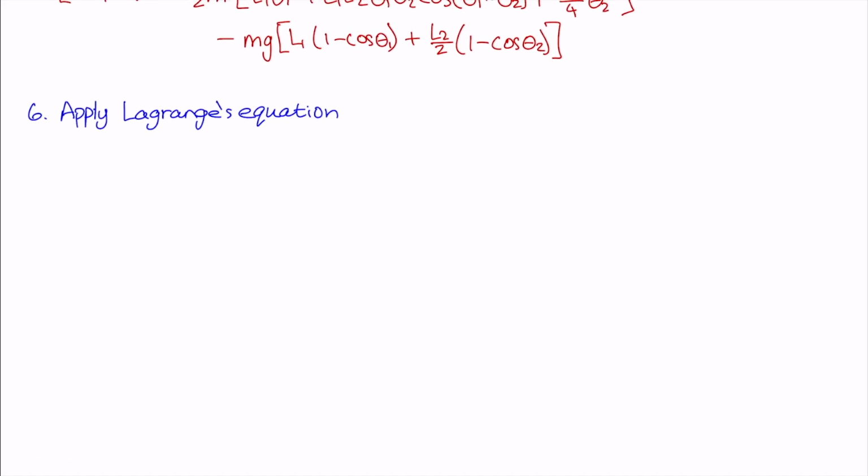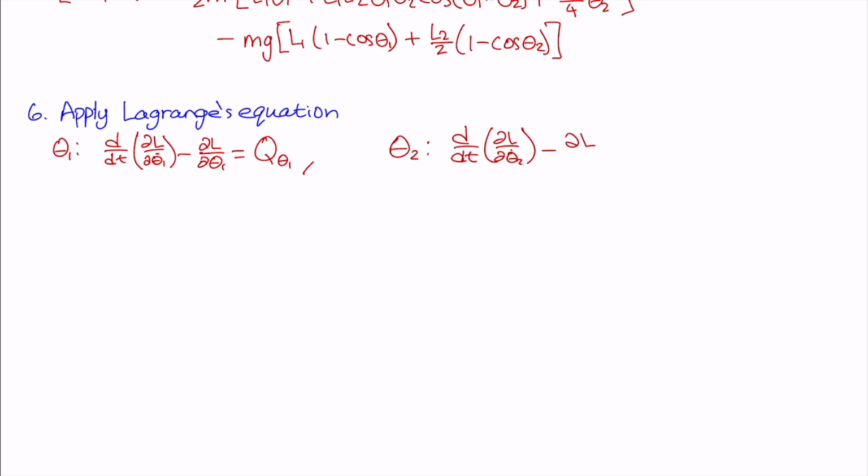To that end, for theta 1, we're going to have d over dt of partial L over partial theta 1 dot minus partial L over partial theta 1 is going to be equal to Q sub theta 1. And then for theta 2, we're going to have d over dt of partial L over partial theta 2 dot minus partial L over partial theta 2, and this will be equal to Q sub theta 2.